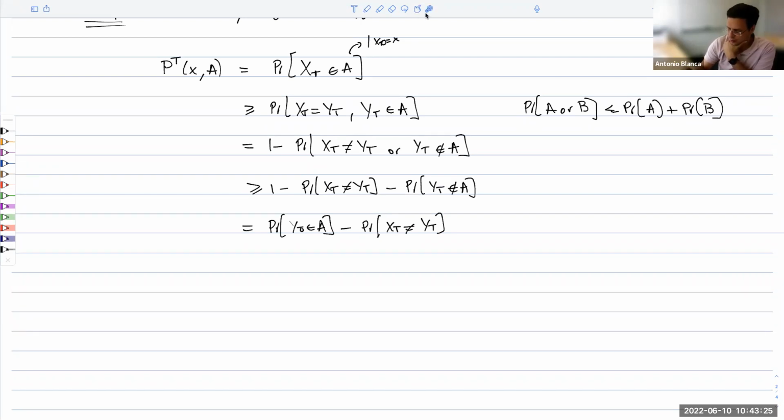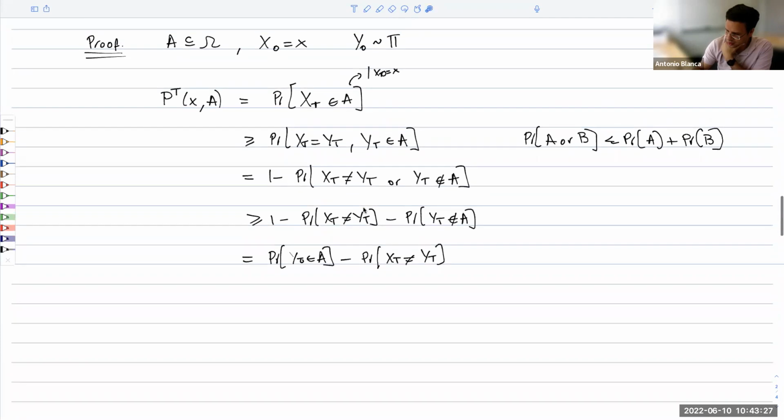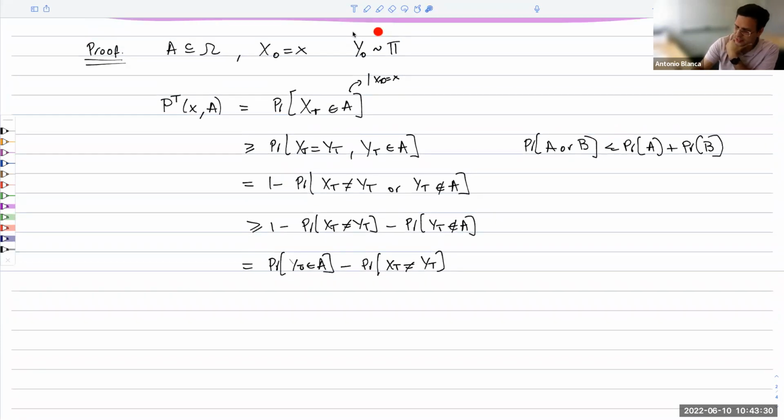Remember, y0 started from the stationary distribution. By the definition of the stationary distribution, after we take one step of the chain, y1 also has the stationary distribution, and so do y2, y3, and so on. Y will always have the stationary distribution.